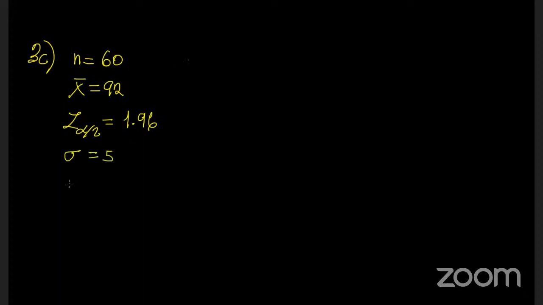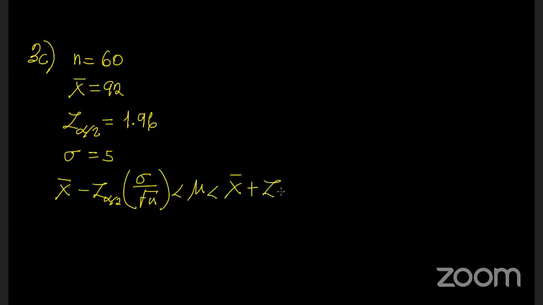Applying the formula, remember it's x minus this times standard deviation all over the square root of n, is less than the mean. We repeat it to the right, but make it positive: the z value, the standard deviation all over the square root of n.